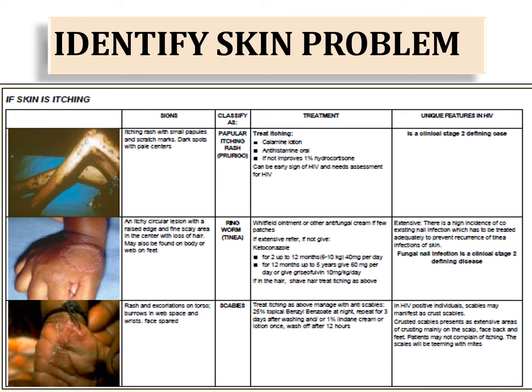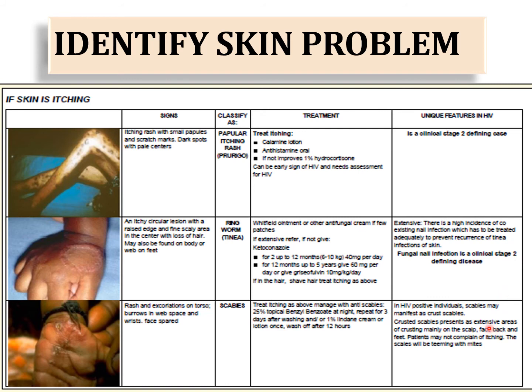With the first two infections, the ringworm and the scabies, for the unique features in HIV, for the ringworm, if it is extensive, there is a high incidence of coexisting nail infection, which has to be treated adequately to prevent recurrence of the tinea infection of the skin. Fungal nail infection is a clinical stage 2 defining disease.